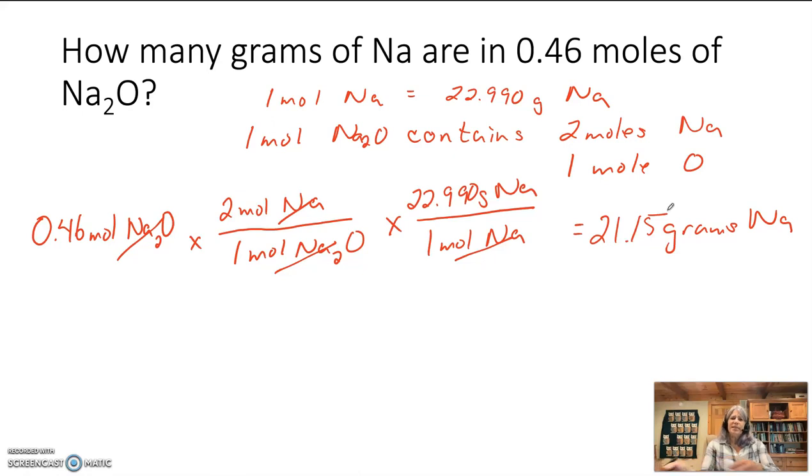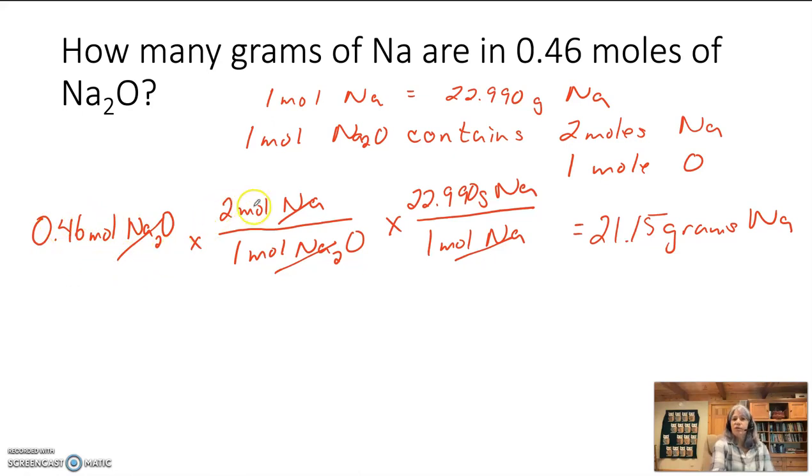Okay, so when we say talk the thought process, what we mean is talk it through, right? We're starting with what we're given, 0.46 moles of sodium oxide. We want to end up with what we want, grams of sodium. We know how to convert grams to moles, so we need to know first how many moles of sodium are in this 0.46 moles of sodium oxide.